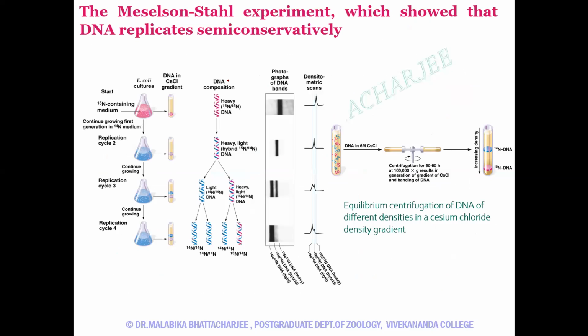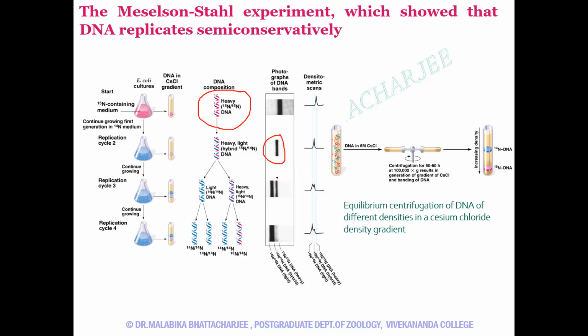I was talking about this picture while I was showing the animation, that when they started, they ensured that both the strands contained N15 DNA, heavy DNA. In replication cycle 1, we get one strand heavy and one strand light, so it's an intermediate band. In replication cycle 2, you see one pure light DNA strand, and this is the intermediate DNA strand.